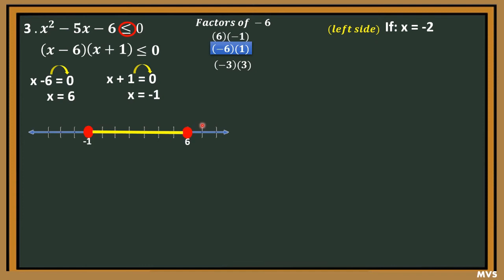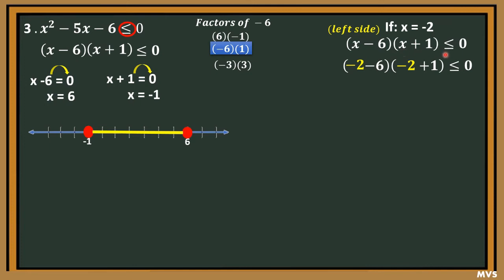So we will have now x minus 6 and x plus 1 is less than or equal to 0. By substitution, x is negative 2. Just copy minus 6, x is negative 2. Just copy plus 1, just copy less than or equal to 0.